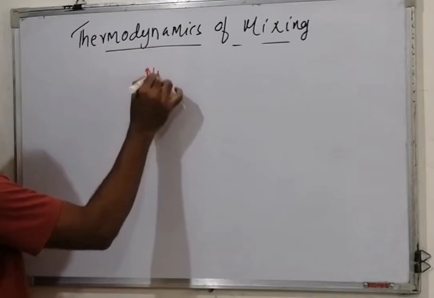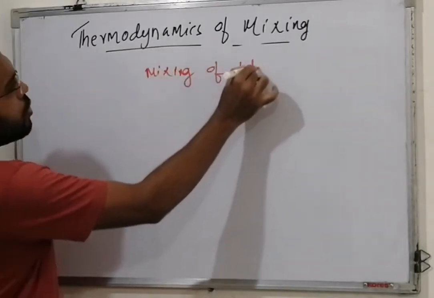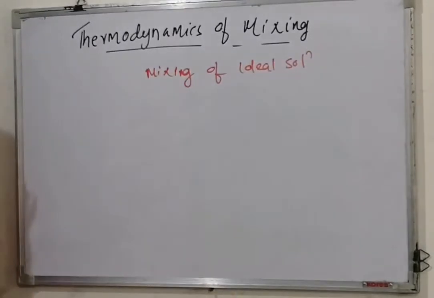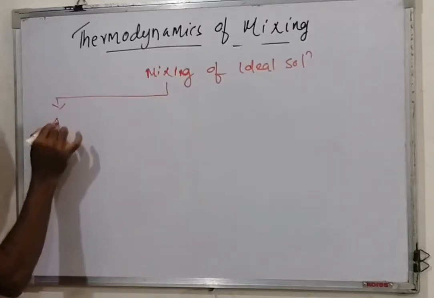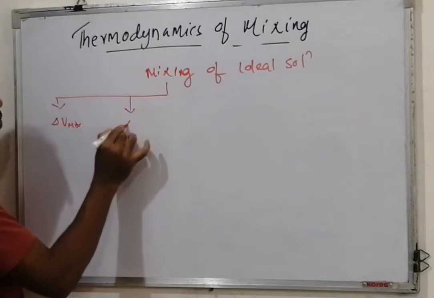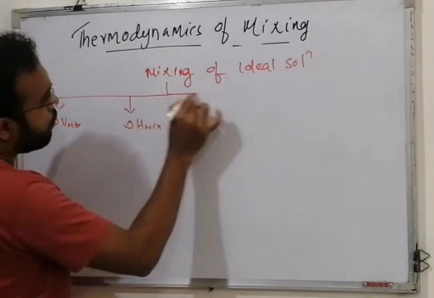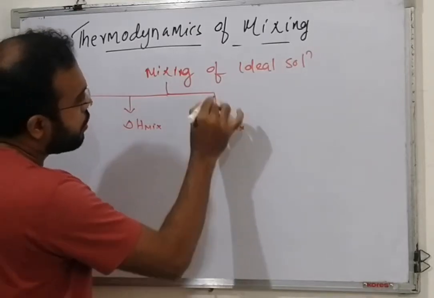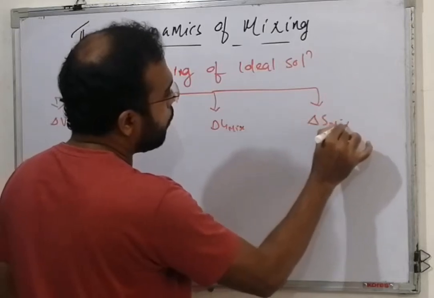Mixing of ideal solution, ideal mixture. We have delta V mixing, delta H mixing, delta G mixing, and delta S mixing.